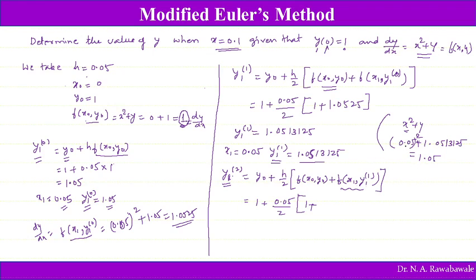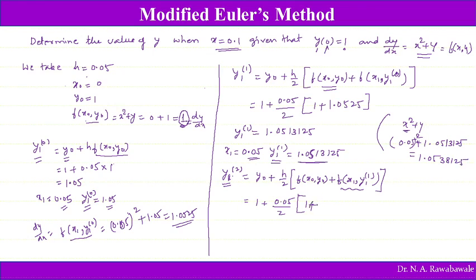On simplification, in place of x we substitute 0.05, in place of y we substitute 1.0513125. Then we get this as 1.0538125.